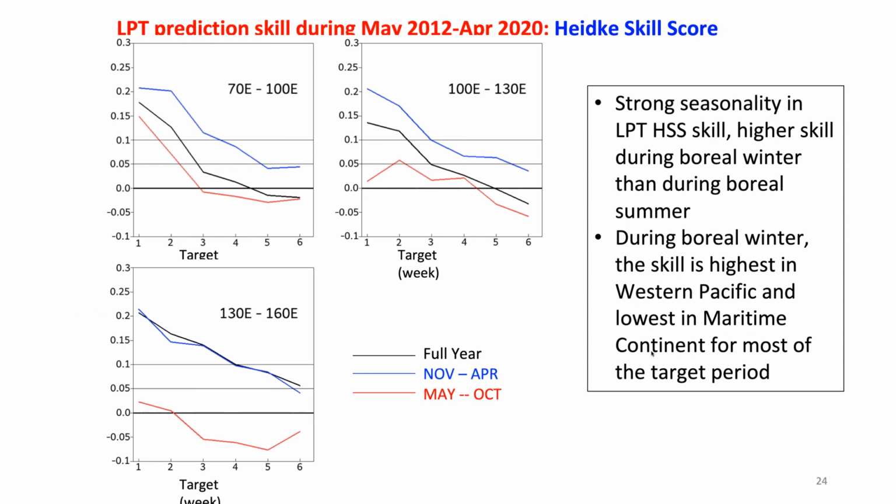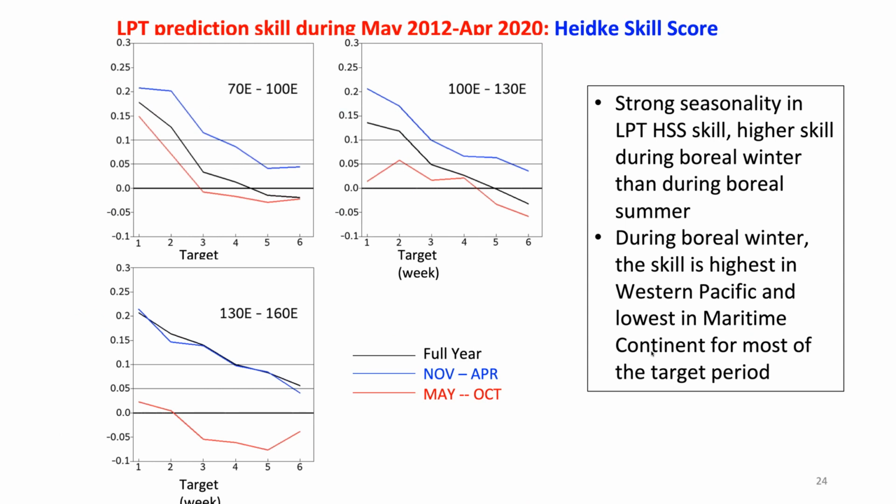Obviously, there's a big seasonal contrast, as Chidong has shown. And again, we see the skill is highest in the Western Pacific, in the lower left, for winter season, and is lowest for the maritime continent, which is upper right. I think that is what we see from this slide.